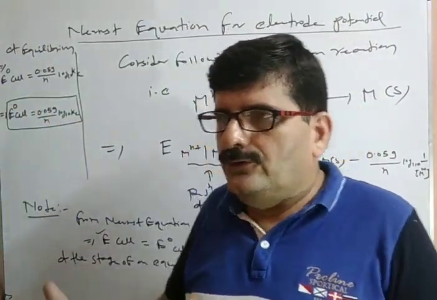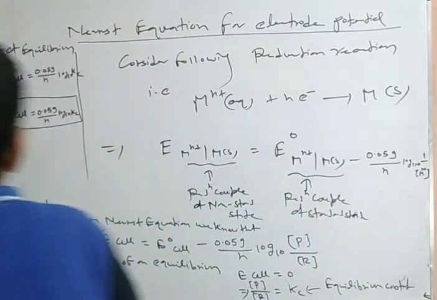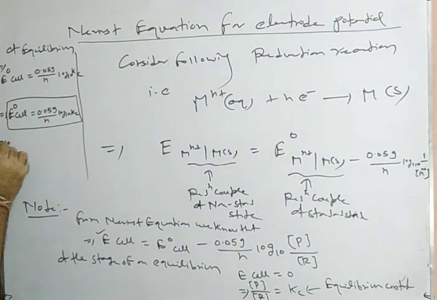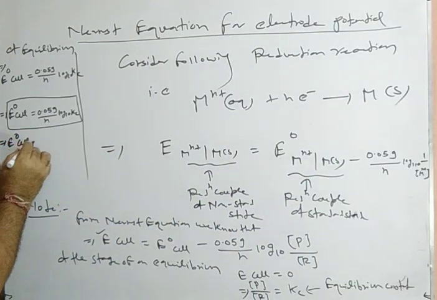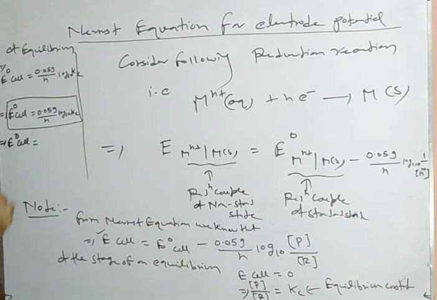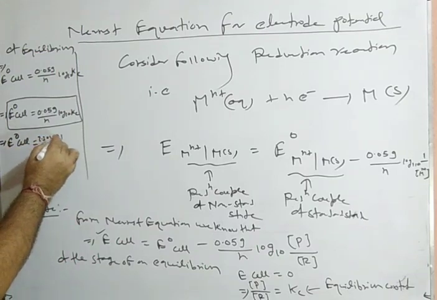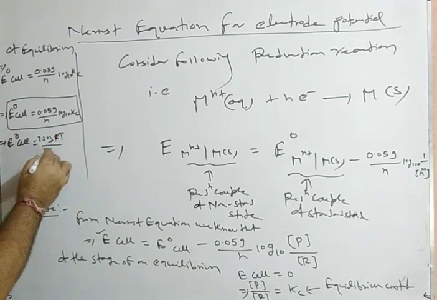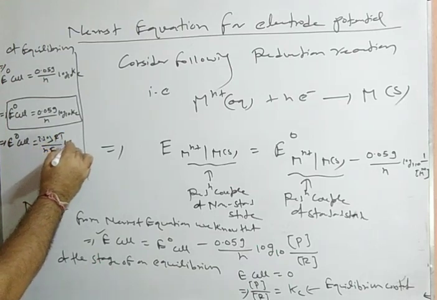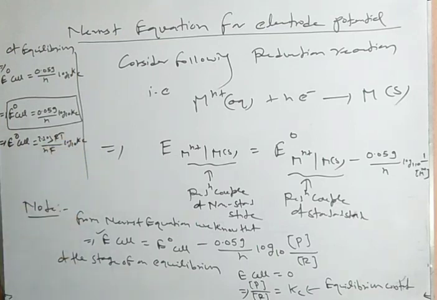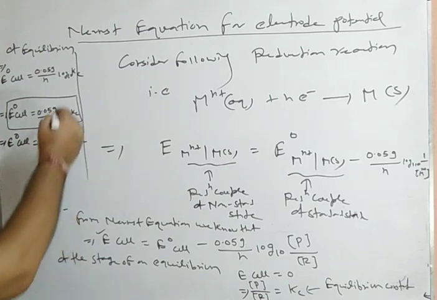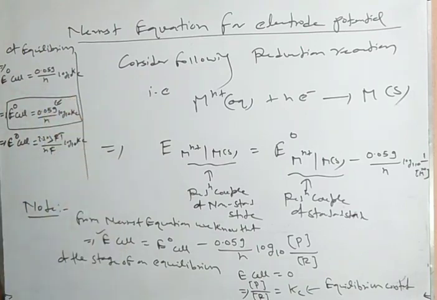Instead of 0.059, we can write what? E naught cell is equal to 2.303 RT divided by nF log base 10 Kc. Because 2.303 R into T divided by F, the numerical value becomes 0.059.